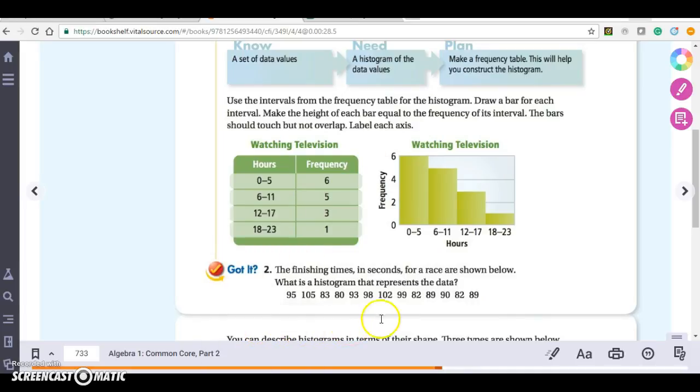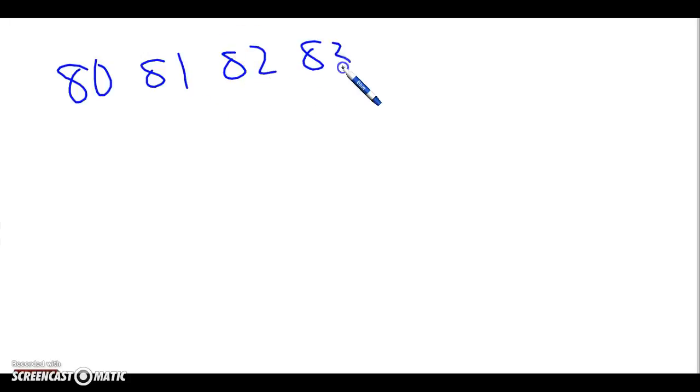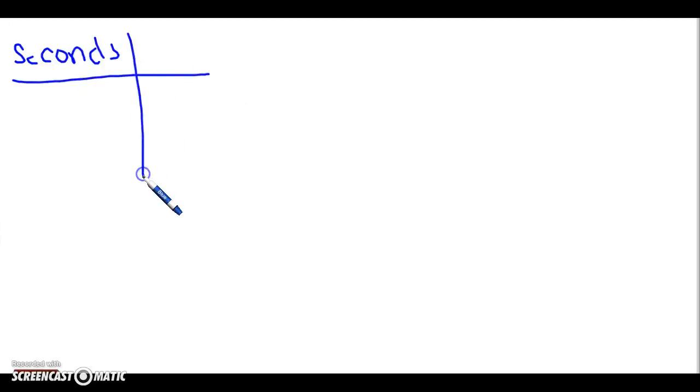So from 80 to 84 will be one interval. So that's 5, and I can show you that. 80, 81, 82, 83, 84. That's 1, 2, 3, 4, 5. So my intervals are intervals of 5. So let's make a frequency table. I have seconds, and then I have frequency.